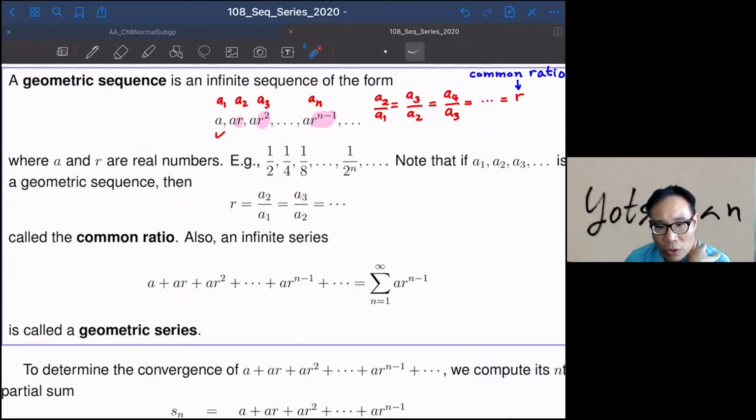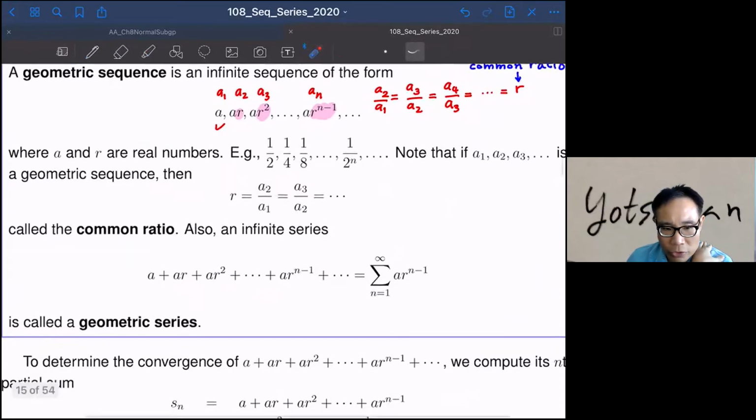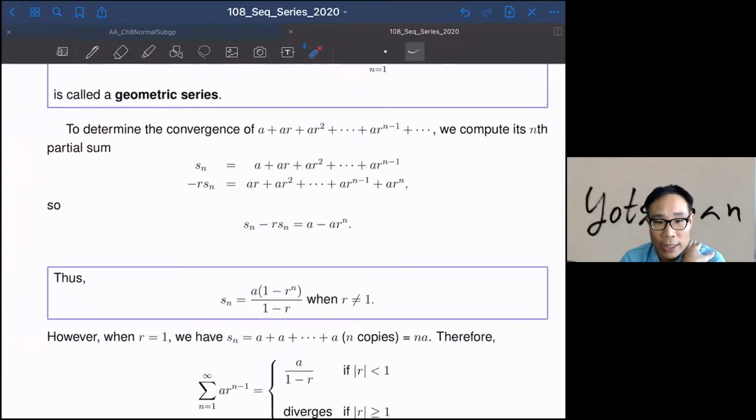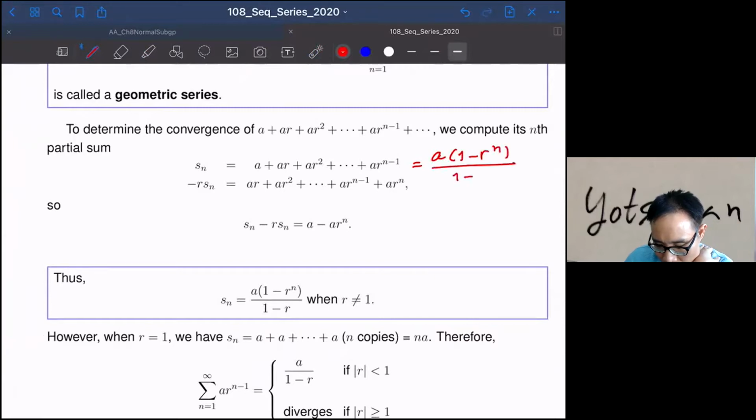To determine convergence or divergence for the geometric sum, we use the fact that Sn equals A plus AR plus until AR to the n minus 1, which we can prove by induction. I already proved that it's A times 1 minus R to the n over 1 minus R.